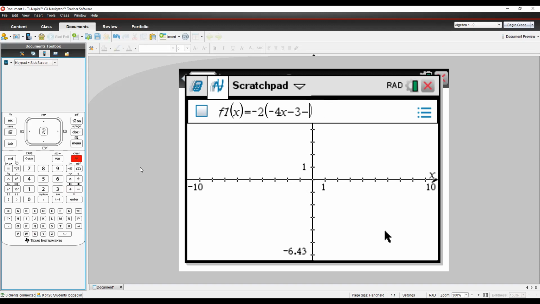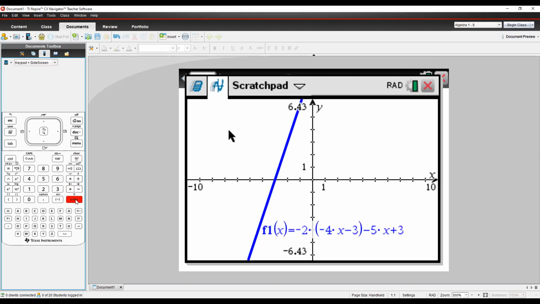I needed to get outside of the parentheses. So make sure, and that's a good mistake to make, you make sure your calculator looks like the problem. If it doesn't look like the problem, then that's a problem. Make sure your calculator looks like the paper or the problem. So now that's what it looks like.